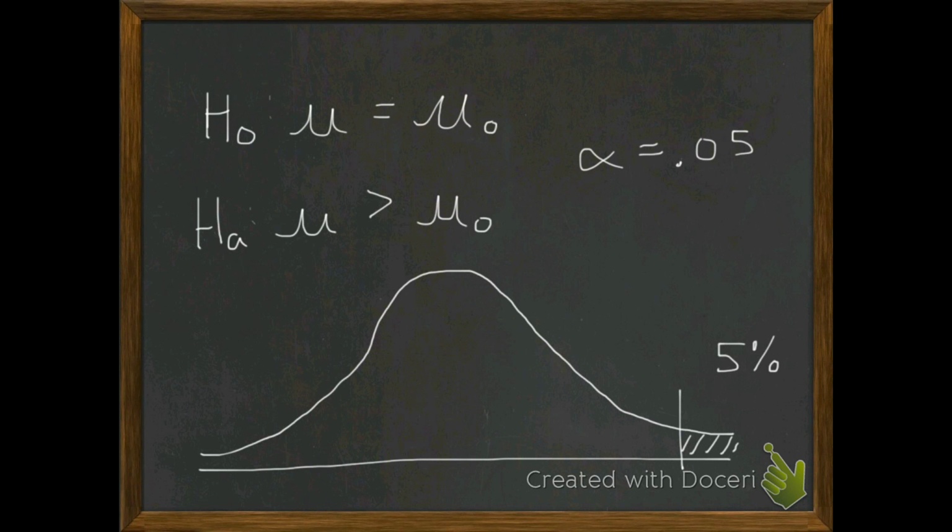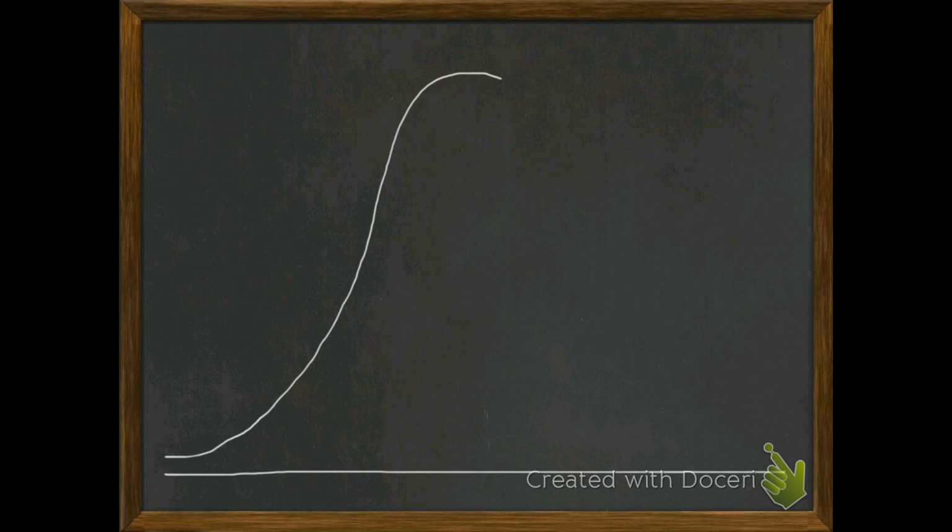Okay? Now I want to draw this a little bit larger. So we're putting 5% of our rejection region.